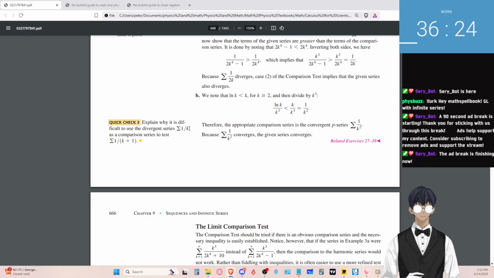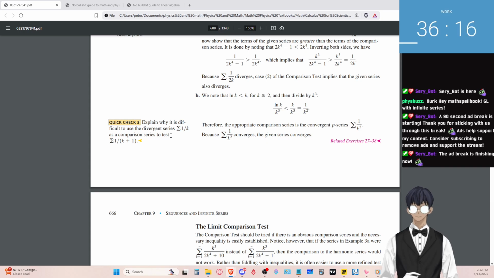It fails the p-test. So this is one of those comprehension questions. You have to actually comprehend what's going on. So basically, because this one fails the p-test, this would also fail the p-test, because it's k to the first power, even though it's plus 1 underneath. I mean, this is less than this.